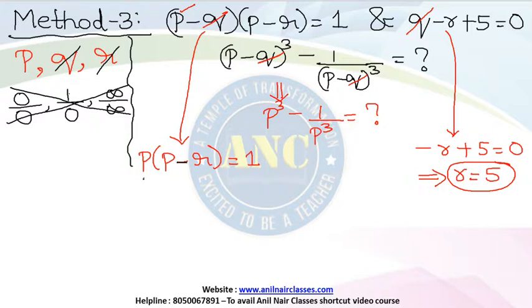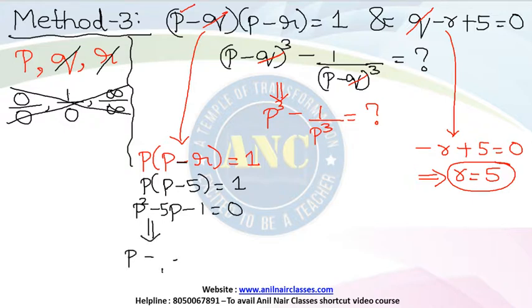Substitute it here. This becomes p into p minus 5 equal to 1, or in other words p square minus 5p minus 1 equal to 0, which can be reduced as p minus 1 by p is equal to 5.